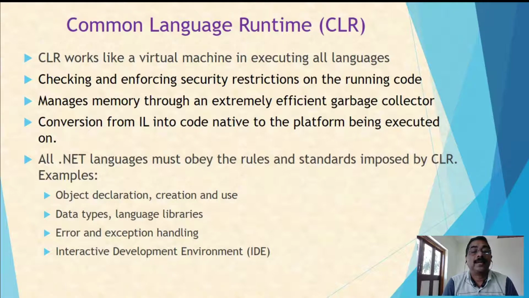All of the languages which are compatible with .NET architecture, code written in different languages, can be executed in Common Language Runtime. It checks and enforces security restrictions on the running code. So for security restrictions also, the CLR takes care of it.